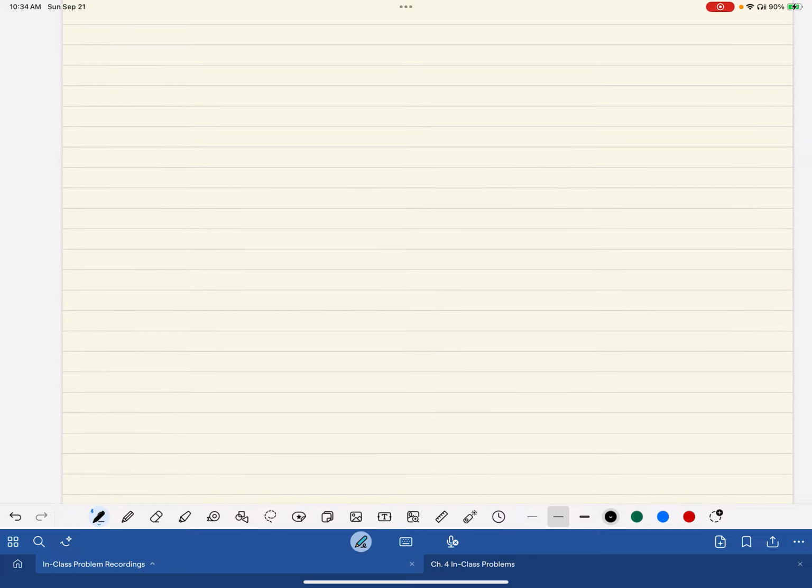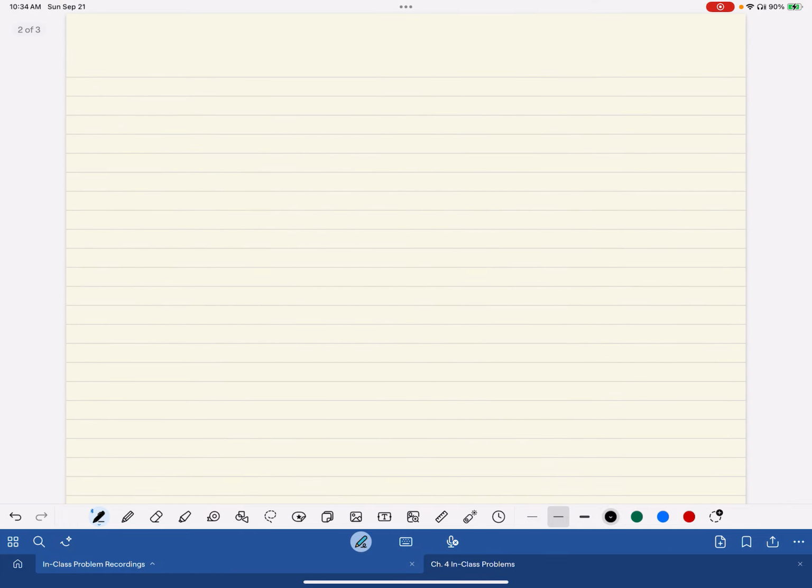For H1, integrate CP from a T reference to T1. And for now, I'm just going to leave the T reference in. You'll see why I do that in a bit. For H2, similarly, if you integrate, you get this.